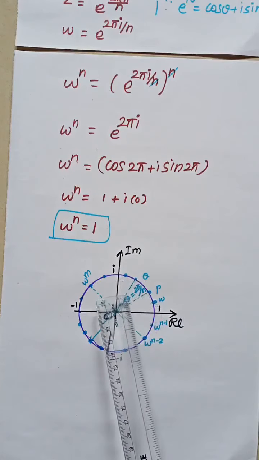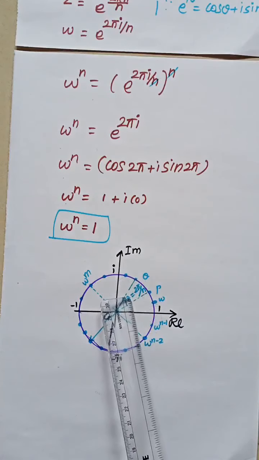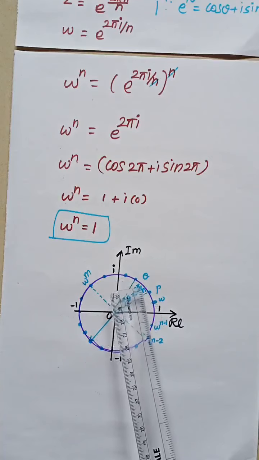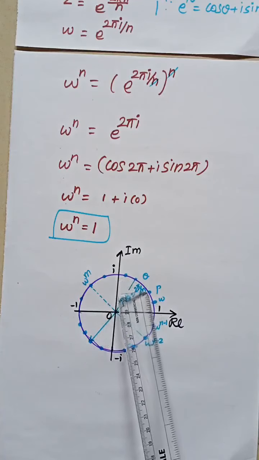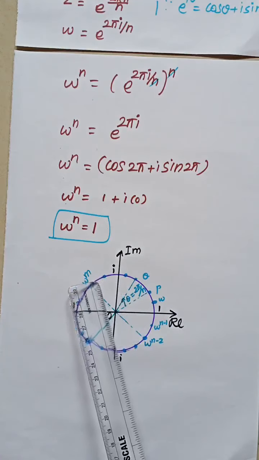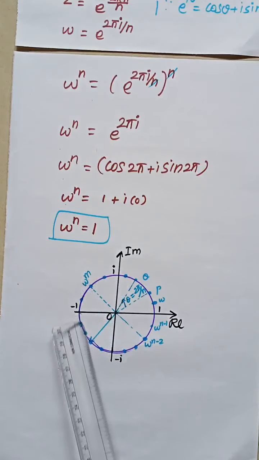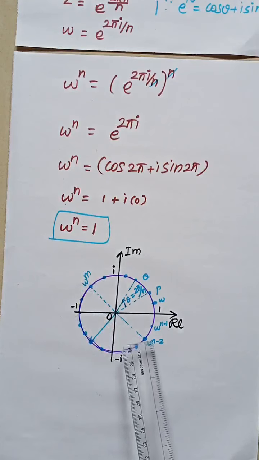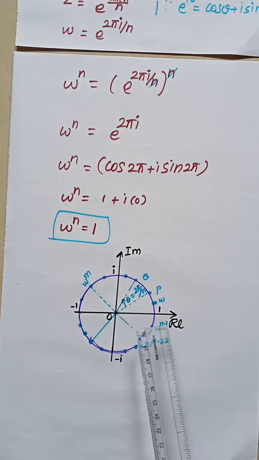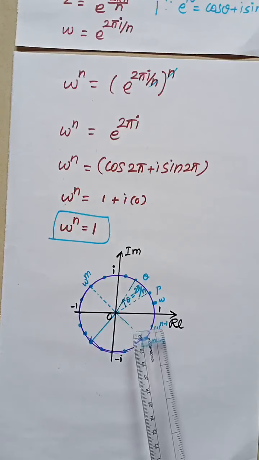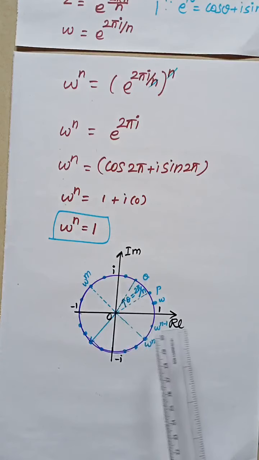P and Q make an angle theta equal to 2 pi by n. Omega moves to the next root, so omega square exists. Again moving to the fourth quadrant, omega power n minus 2, and then omega power n minus 1.